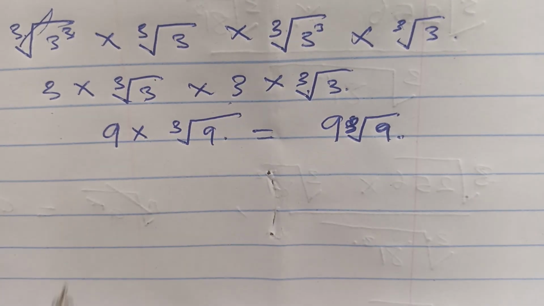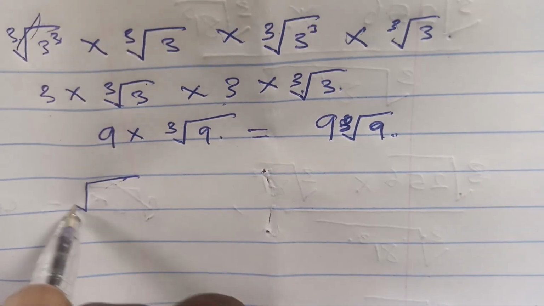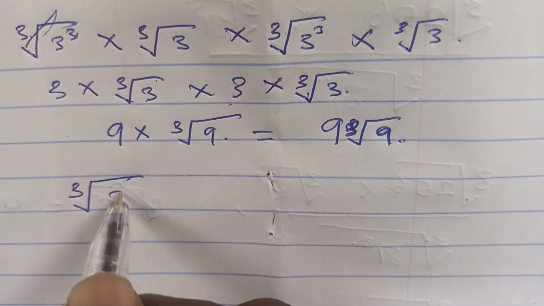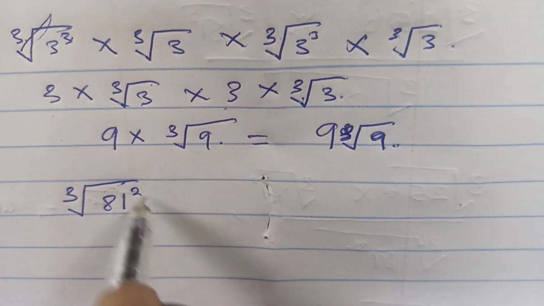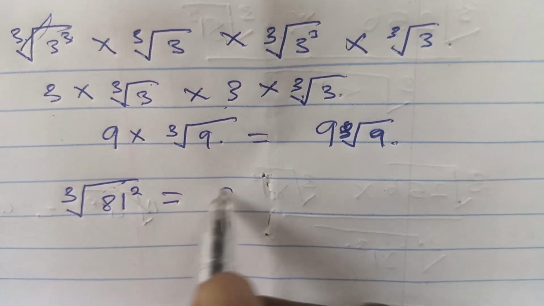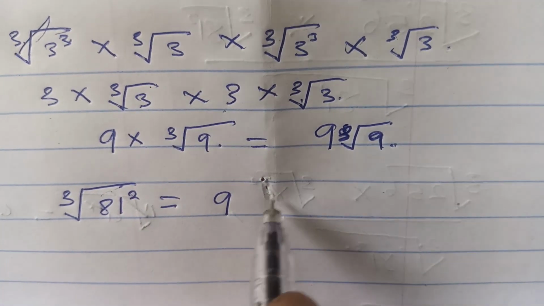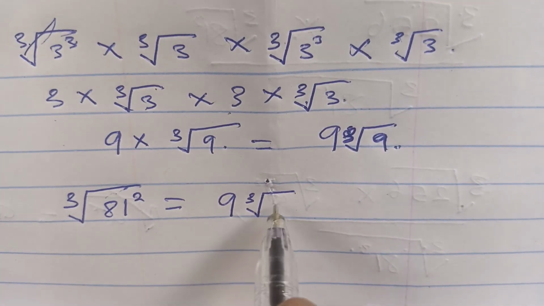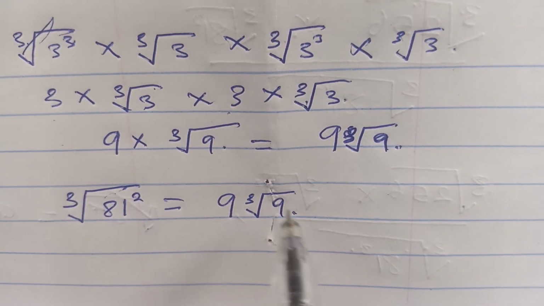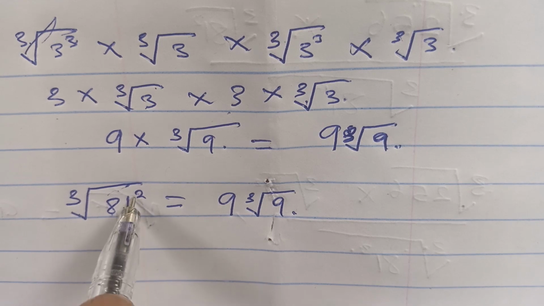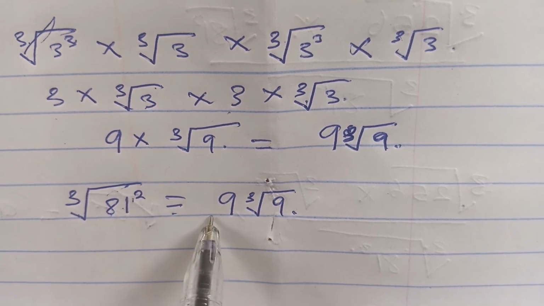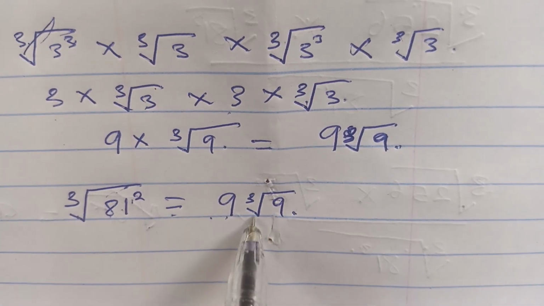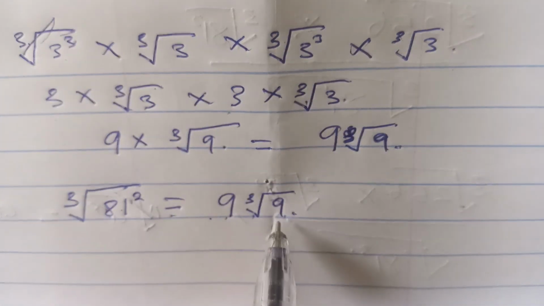In other words, the cube root of 81 to the power of 2 is equal to 9 times the cube root of 9.